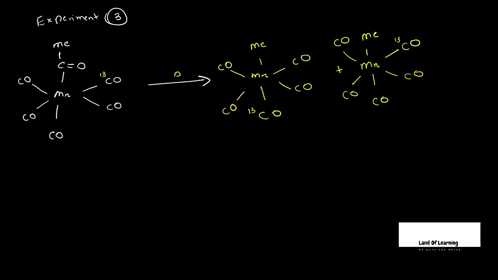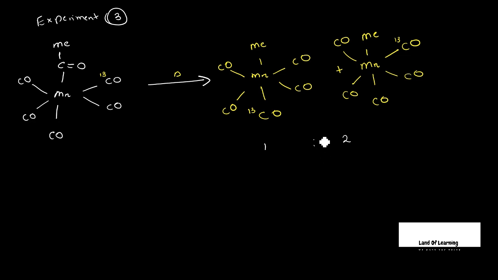Okay, so let me draw the structures for this. This is the last experiment which they did to observe the insertion type reactions, right? So again, a deinsertion type of reaction is carried out. We have two products in a 1:2 ratio, right?